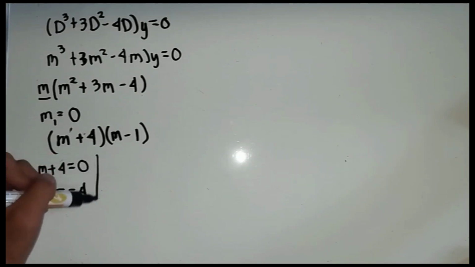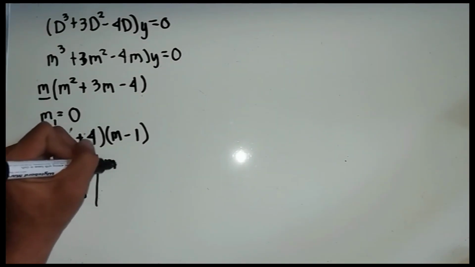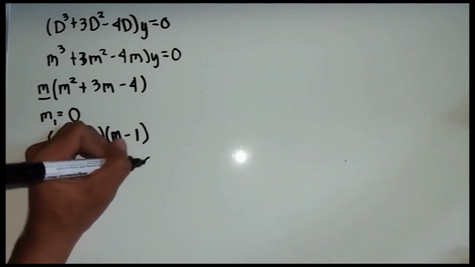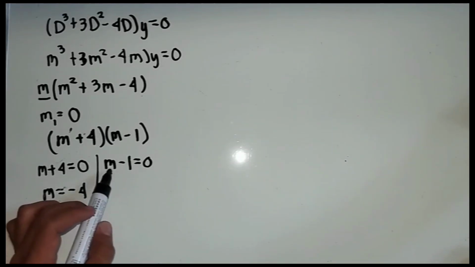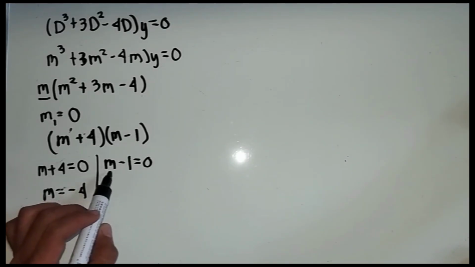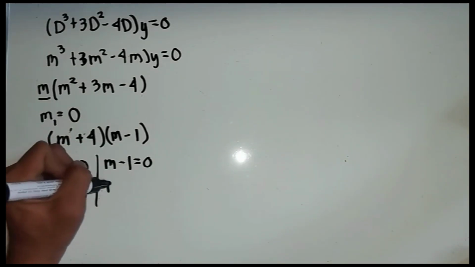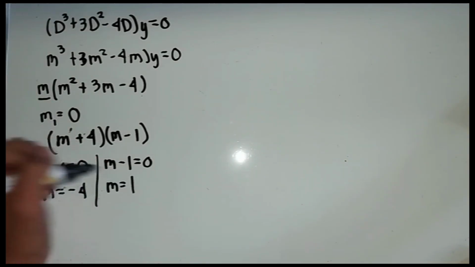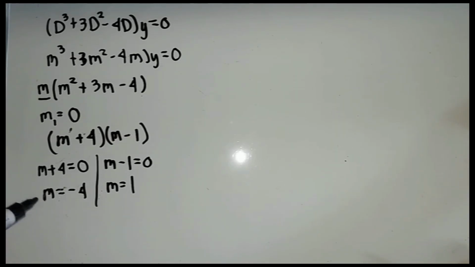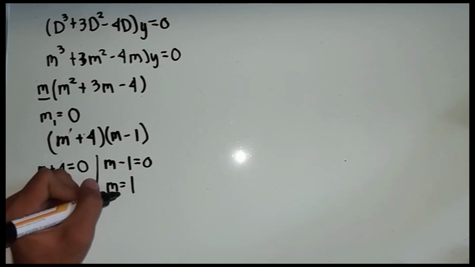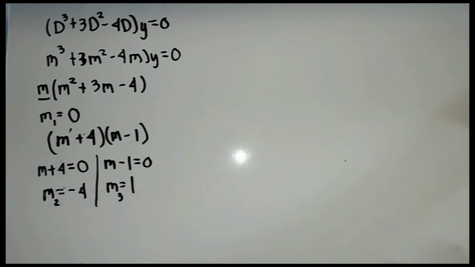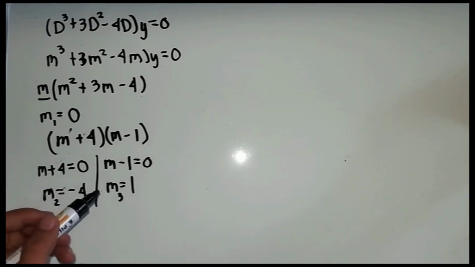The other one, m minus 1 is equal to 0, so we do as we did here, and m is equal to 1. Now we already have m sub 1, so this would be our m sub 2 and then m sub 3.